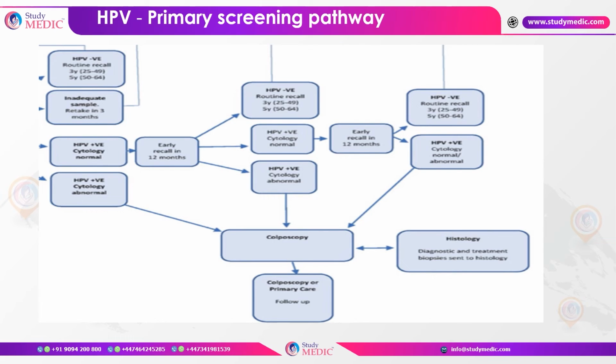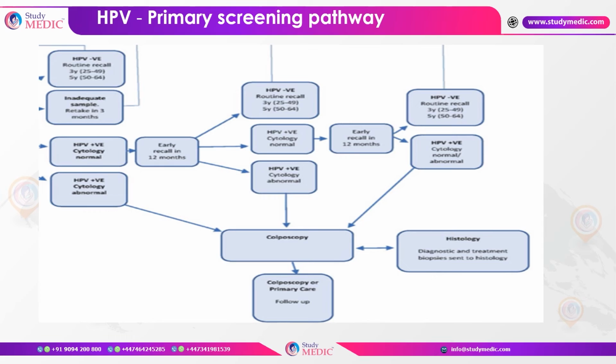At the early recall at 1 year, again an HPV is done. If this HPV is negative, then she goes back to the routine recall. If at the early recall HPV is positive but cytology is normal, again she is called for an early recall in 12 months. If HPV is positive and cytology is abnormal, she goes in for a colposcopy.